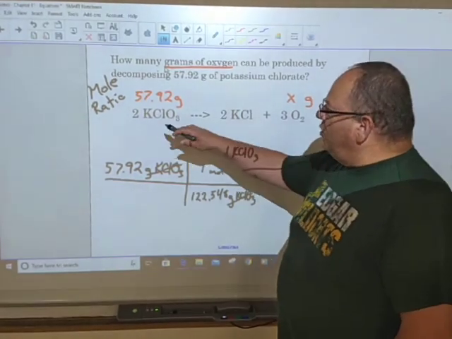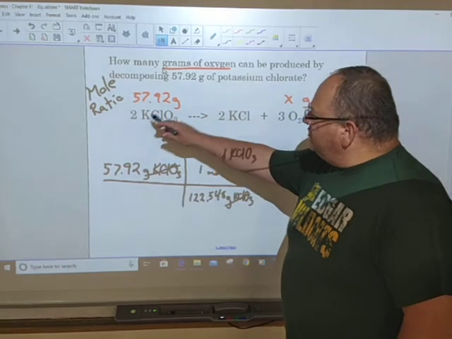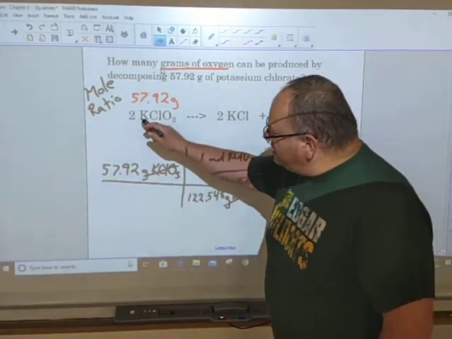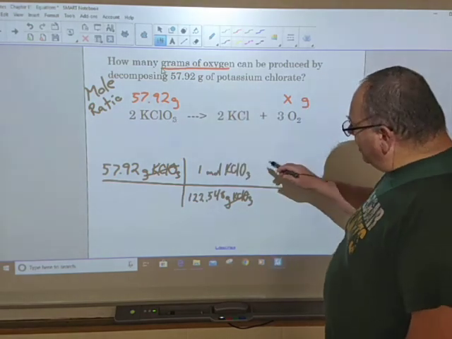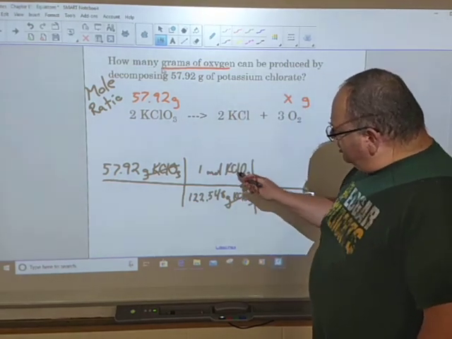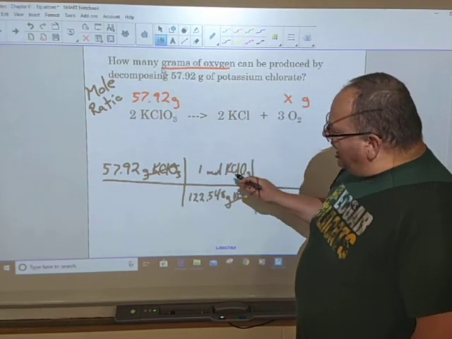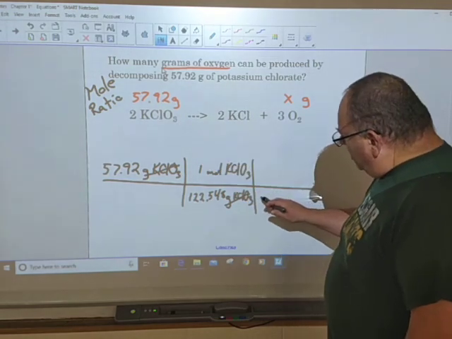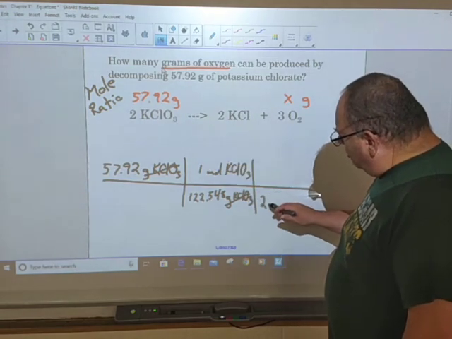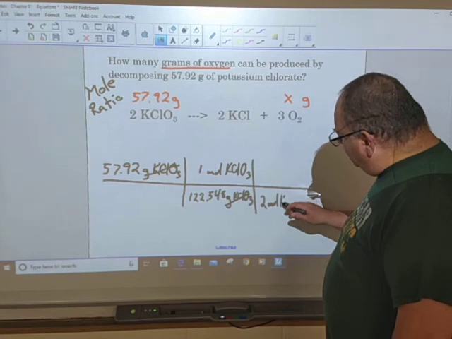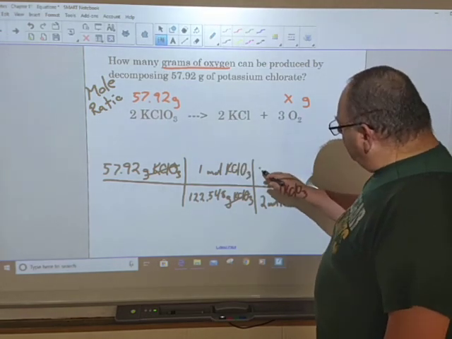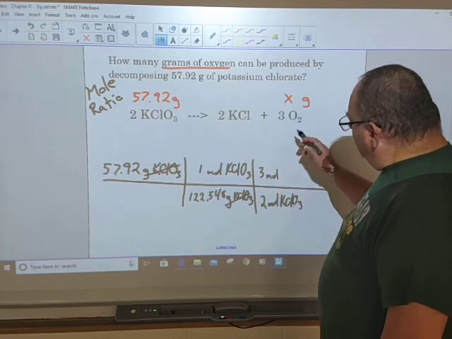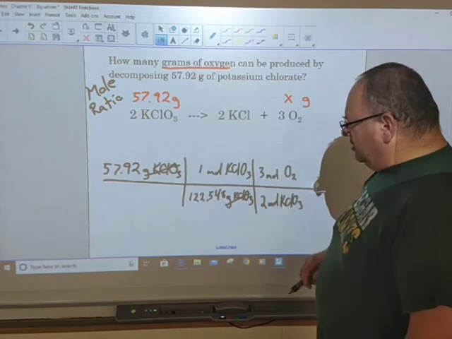So once I've got moles of potassium chlorate, now I can use this mole ratio. For every 2 of these, I produce 3 of these. This comes from the balanced equation. Now, since potassium chlorate is on top, I want to put it on the bottom. For every 2 moles of KClO3, I produce 3 moles of oxygen.